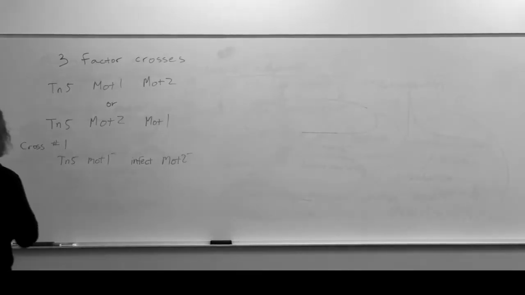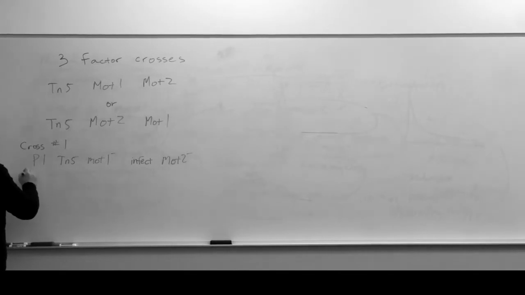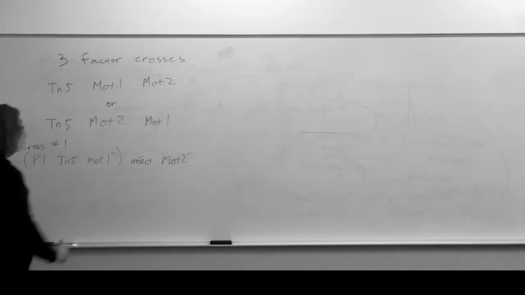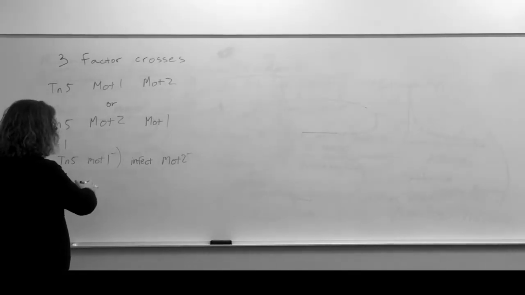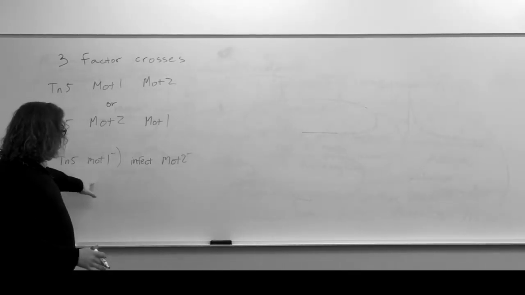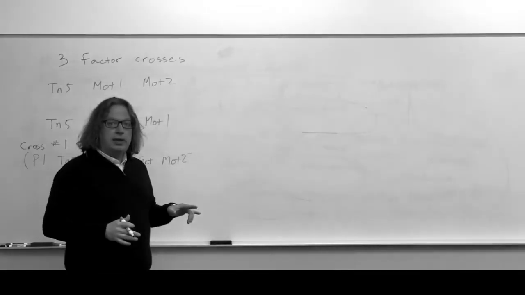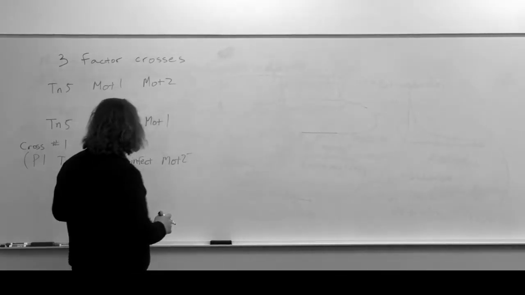So we're going to have essentially this P1 Tn5 mod 1 minus piece of DNA, and we're going to have phage particles, and we're going to infect a mod 2 minus background.